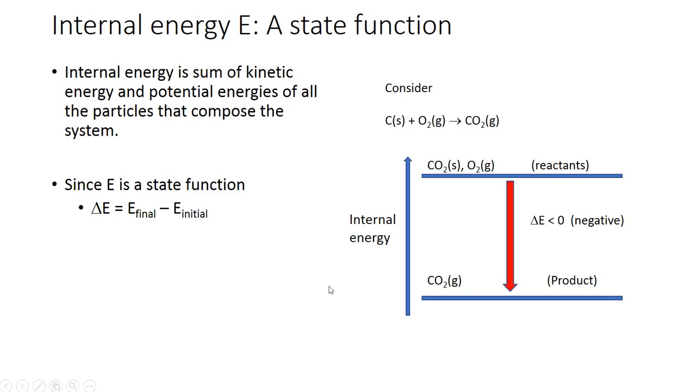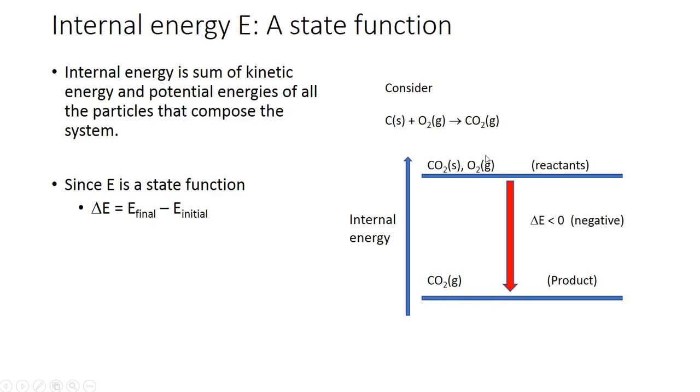What do we mean? Let's say we have this reaction, carbon and oxygen to form carbon dioxide. So the reactants will have their internal energy, and the products will also have their internal energy. So in terms of this reaction, we'll say up here we have the reactants, down here we have the products.